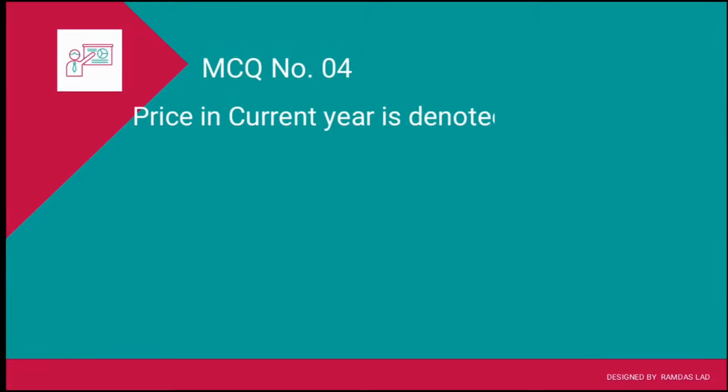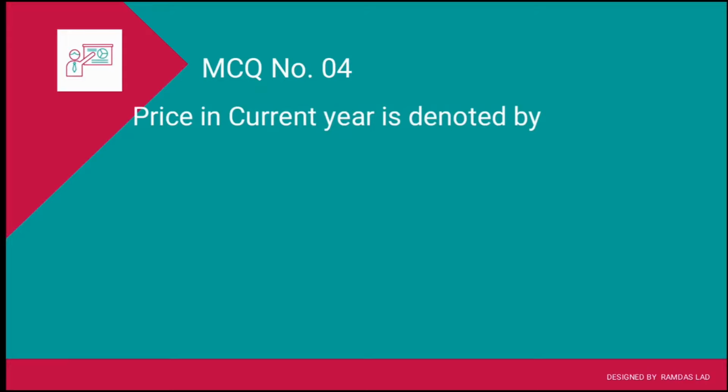Now question number 4. Price in current year is denoted by. Please understand, to calculate the index number some notations are used. P is denoted for price and Q is denoted for quantity. Also 1 is denoted for current year and 0 is denoted for the base year.